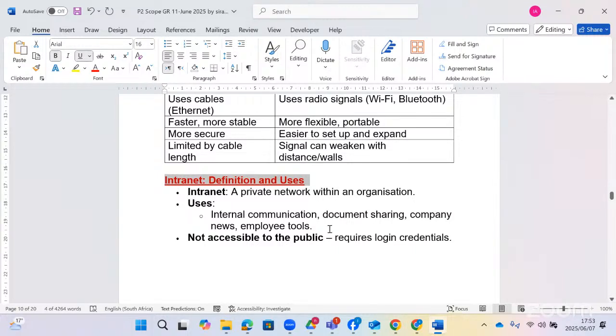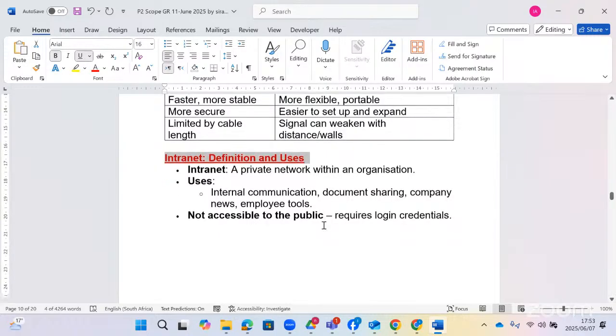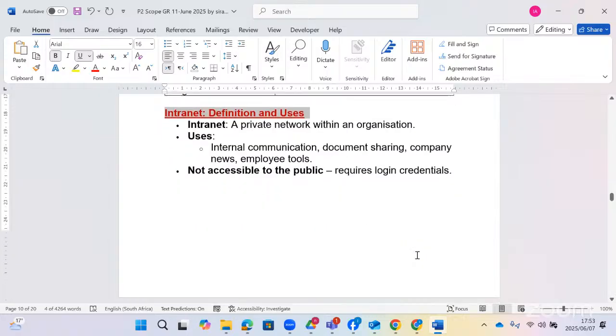They can also use it for document sharing or news within the company, and then the employee tools also. Not accessible to the public. It requires login credentials. So take note about the intranet. It is not accessible to the public, and before you can get access to it, you need to log in with your credentials.